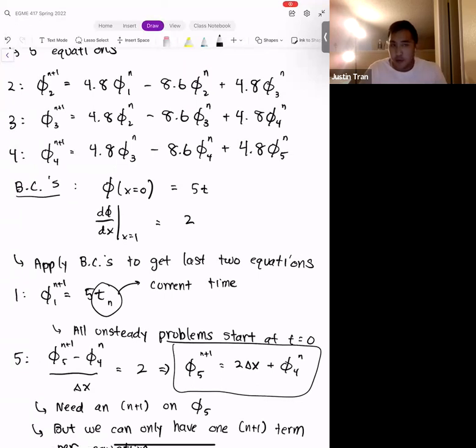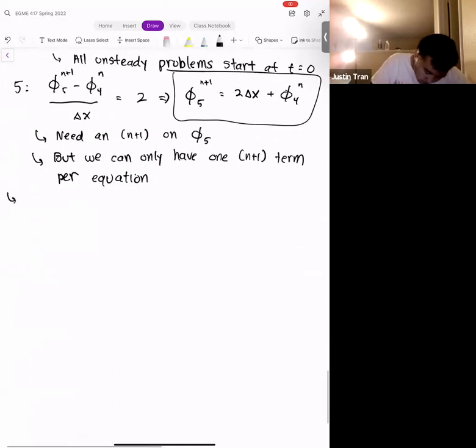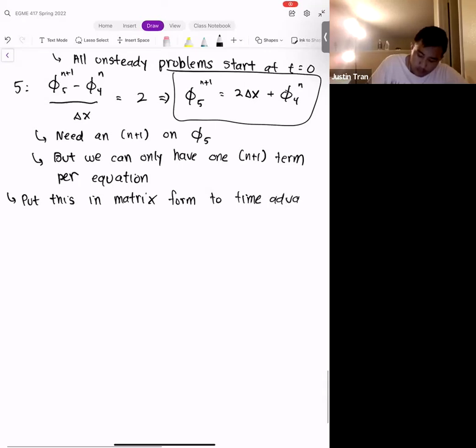And so let's go ahead and put this in matrix form, right? And explicit Euler has a very interesting matrix form. And so explicit Euler has the following structure.